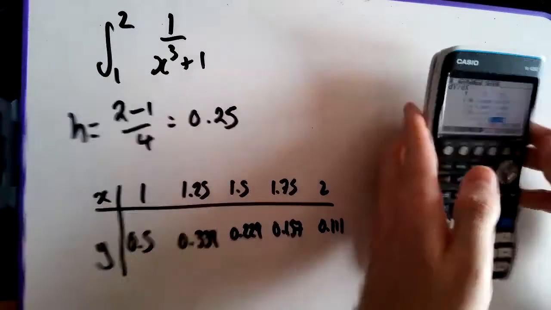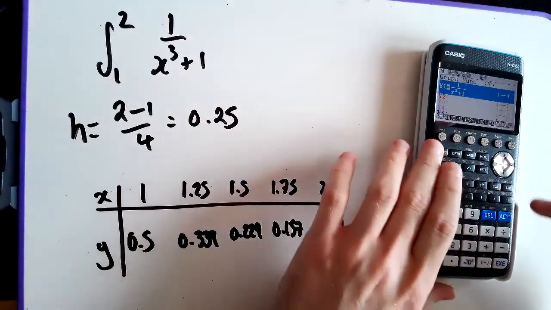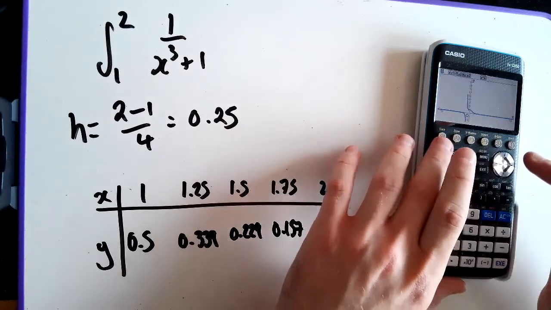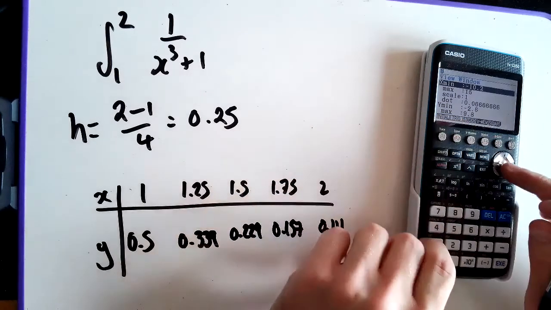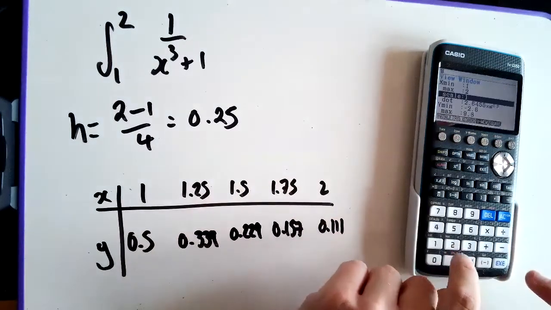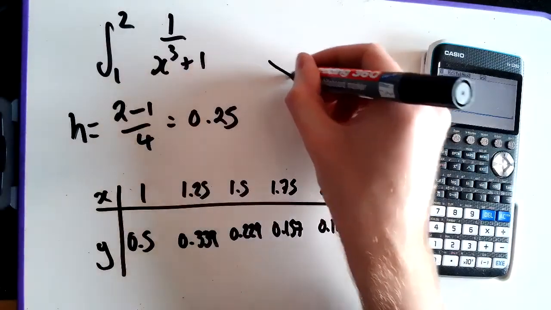Okay, I'm going to sketch that curve just so I can see which one's going to give me the upper and lower. In the window, I'm going to change the scale so it goes between 1 and 2, and it looks like it's going down like that.